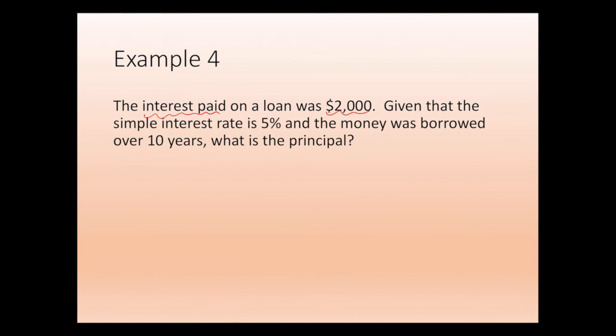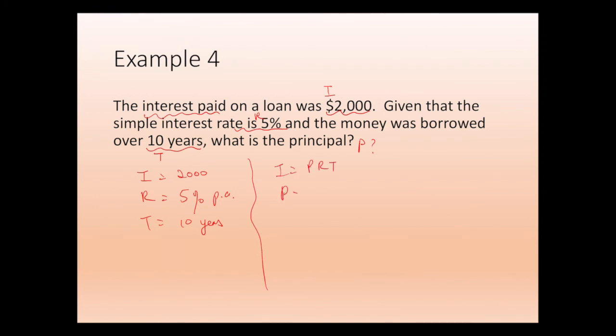So the next one would be the final example. You know that the interest paid on the loan was $2,000. That's I. Given that the simple interest rate is 5%, R, and the money was borrowed over 10 years, T, we need to find P. So let's write this down. I equals 2,000. R is 5% per annum. And T is 10 years.